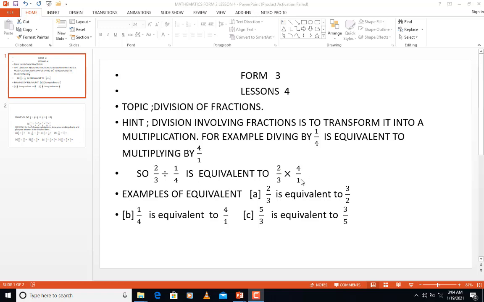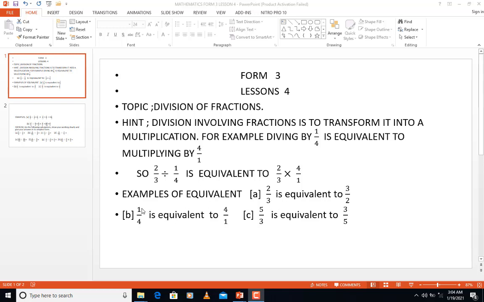Now, those are the steps which you are going to follow when you are dividing fractions. But before we move on to the concept itself, let's quickly discuss the equivalent. Examples of equivalents: 2 over 3 is equivalent to 3 over 2.